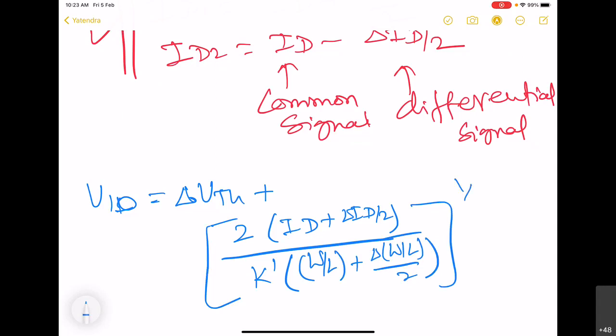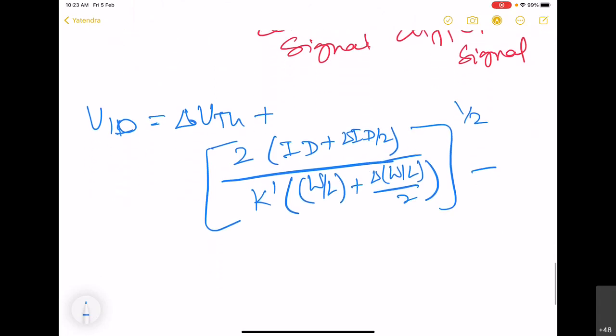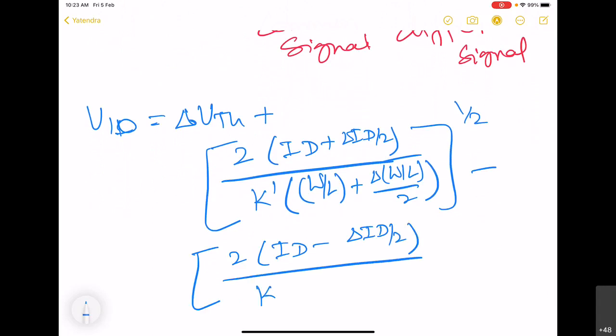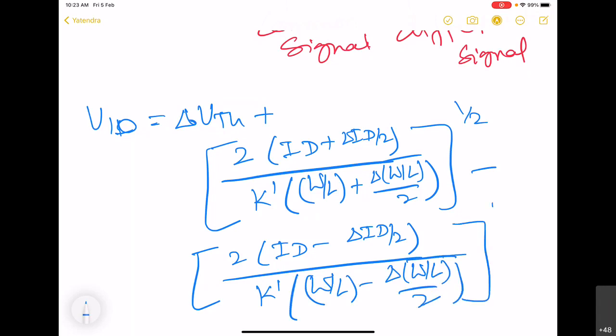So this is first term. Then we have to write the second term, which is 2 times (ID minus delta ID by 2) divided by K dash (W by L minus delta W by L by 2). So this is what we obtain after substituting the average and difference of the two quantities ID and W by L.